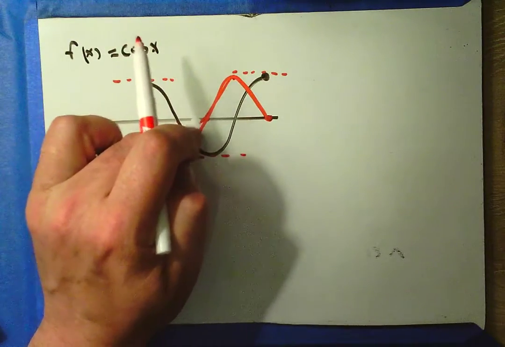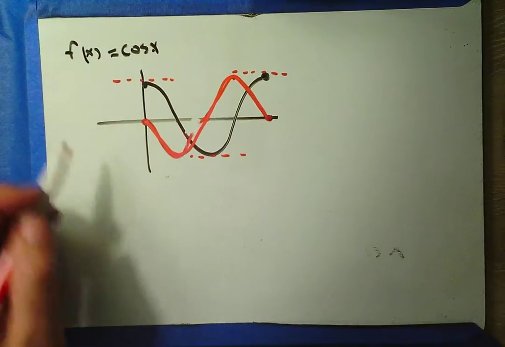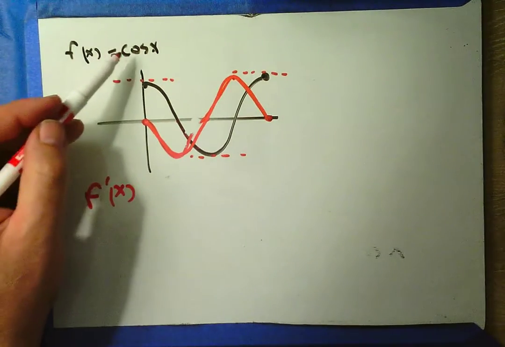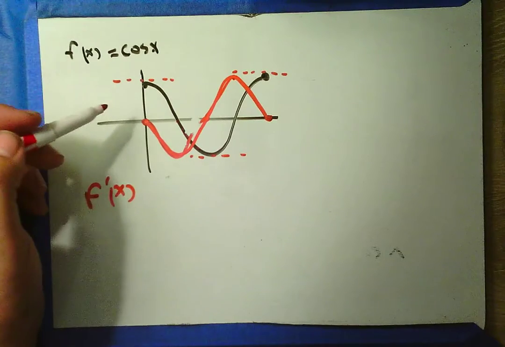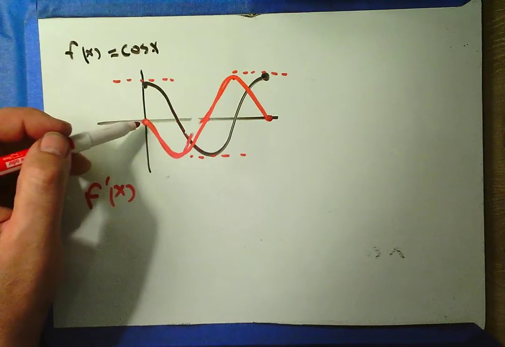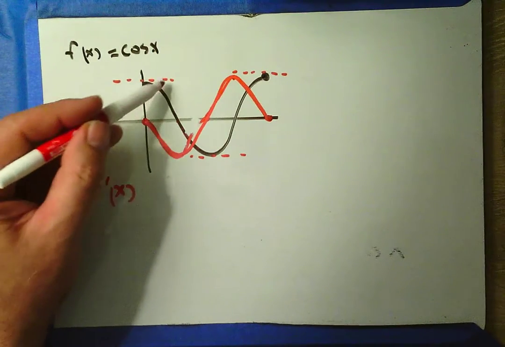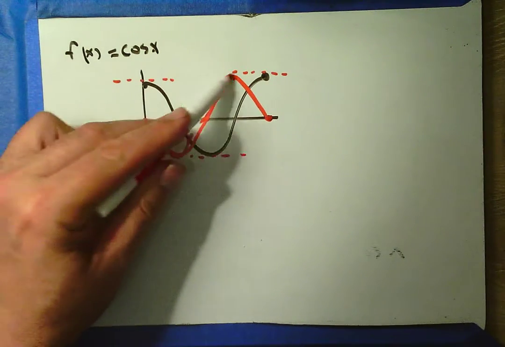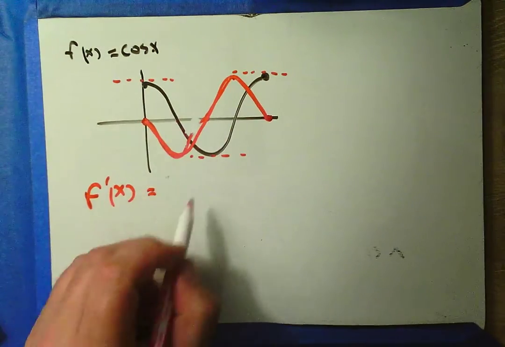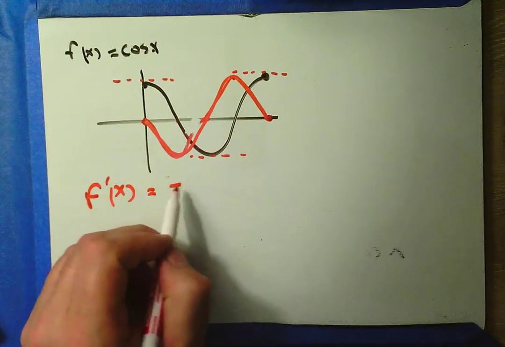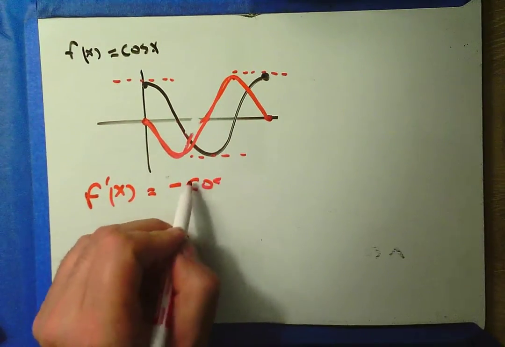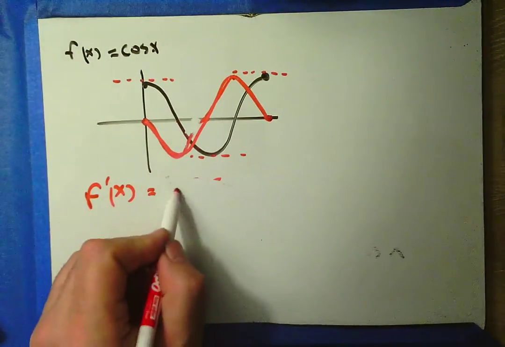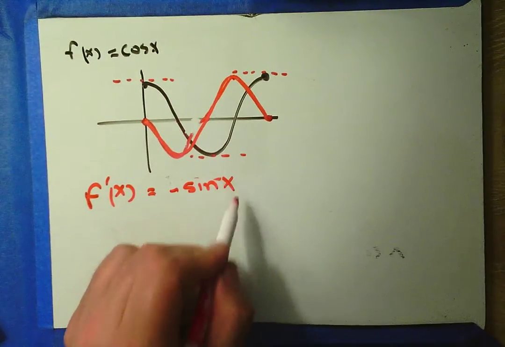So what is the derivative of cosine? It looks like the derivative isn't sine x, because sine would start here and go up. This is starting here and going down and then back up. The derivative of cosine x is negative sine x.